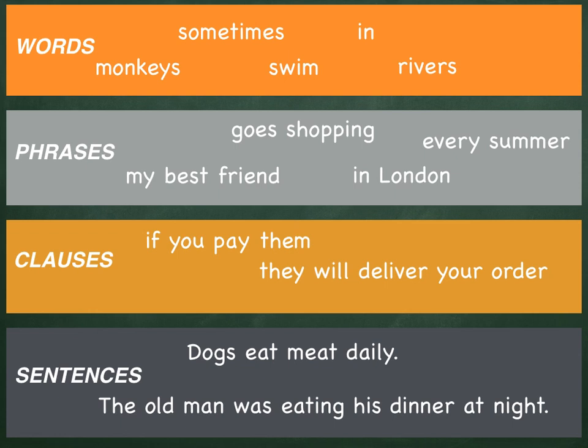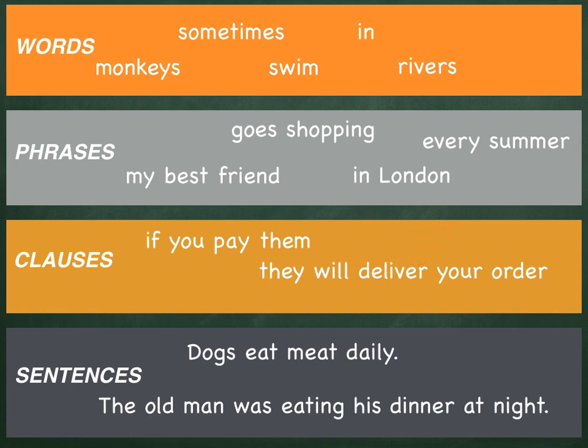Dogs eat. The old man was eating. That's a noun phrase and a verb phrase. But a clause has a subject and a verb too. Or in this example, a subject and a verb phrase.